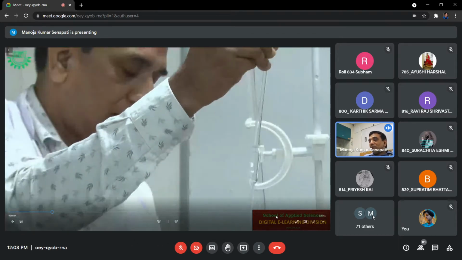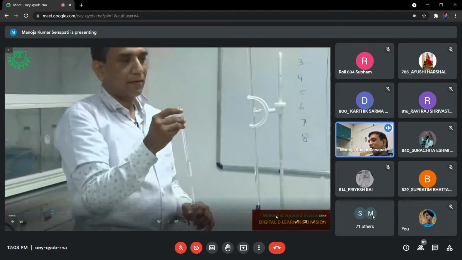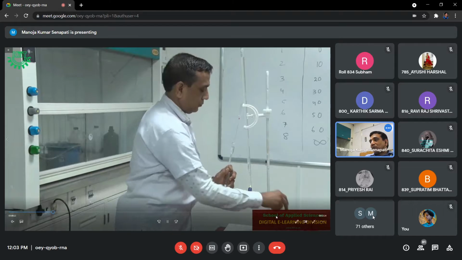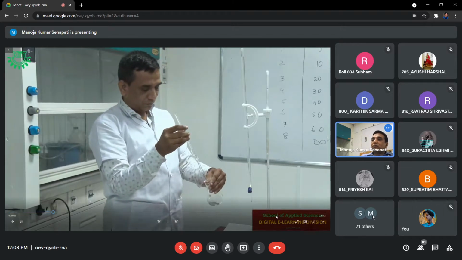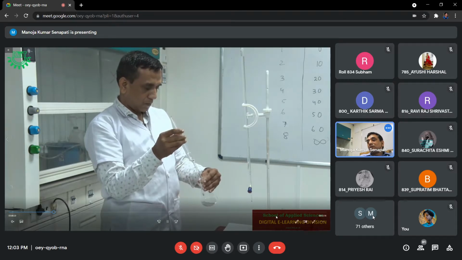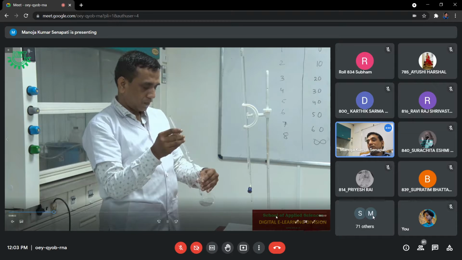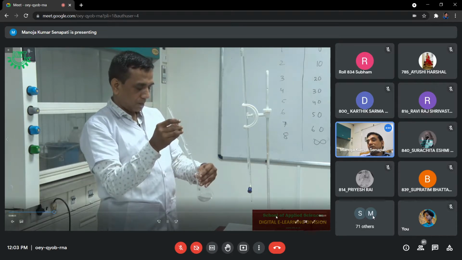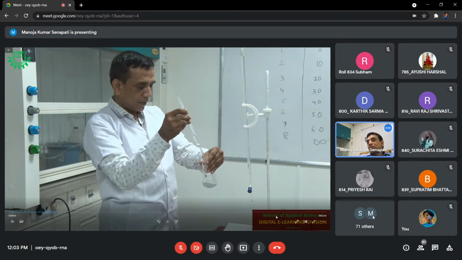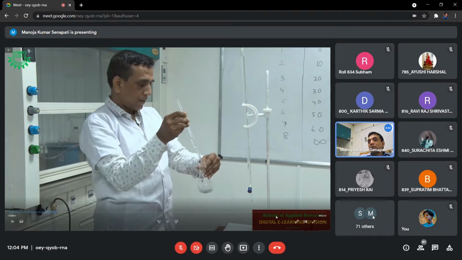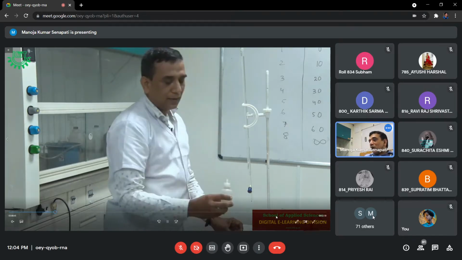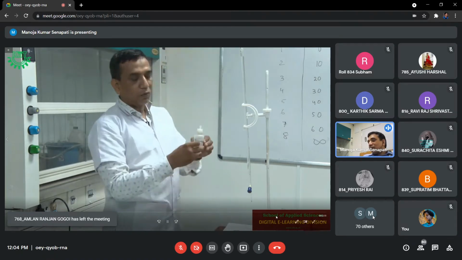And I am going to transfer that HCl solution to a conical flask. Now to that, you add 1 or 2 drops of phenolphthalein indicator.